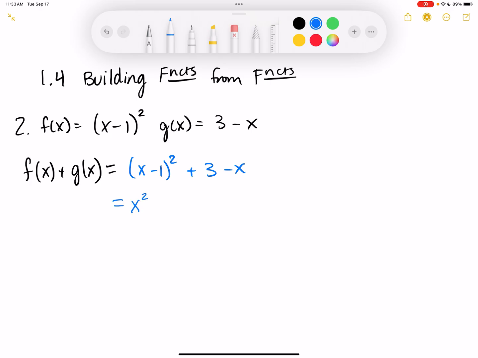No. Minus 1? No. It's a special type. I'm not asking for the special type, I'm just asking for you to multiply it. I'm just saying it is a special type. It is a perfect square trinomial.